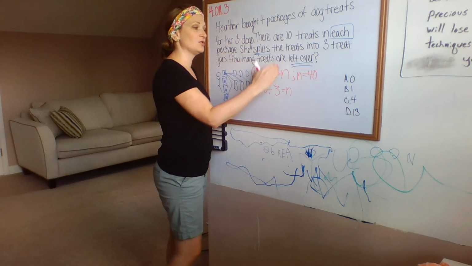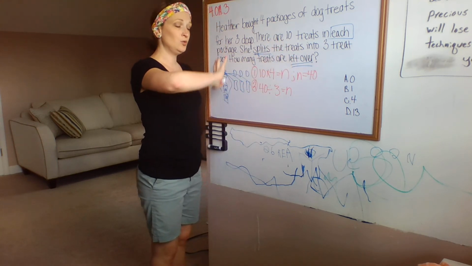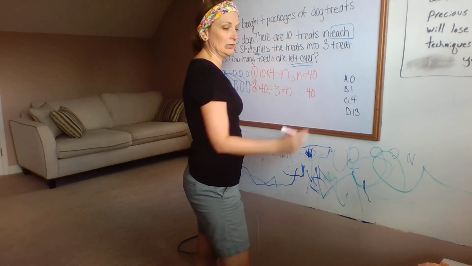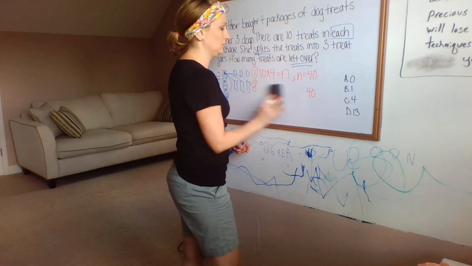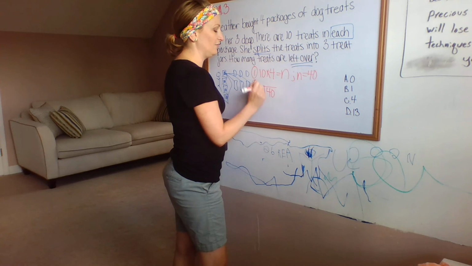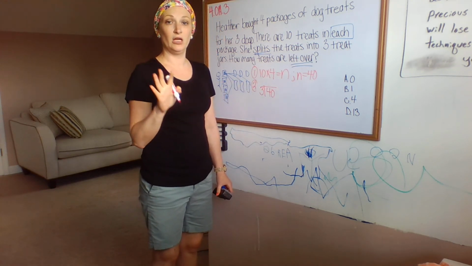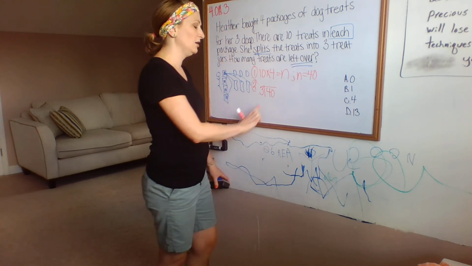We're solving for how many treats are left over, not how many treats are going into the jar. So we have 40 divided by 3. Some of the kids can do it in their head, great, but I still want to see it set up so that way they can go back and look at it.